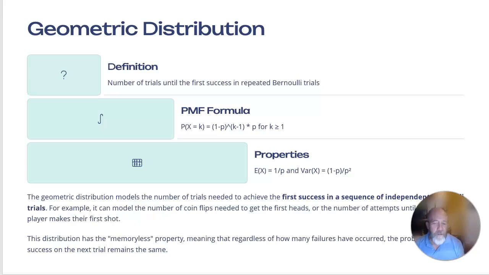Or what's the probability of it taking him 7 shots to actually get a basket? Well, if their probability is high for any given basket, that shouldn't be too many, but it can be 7. It's a possibility, and it fits that specific probability mass function. I don't have any examples that I did for this one specifically for you. It's useful, but it's not one that I use a whole lot.